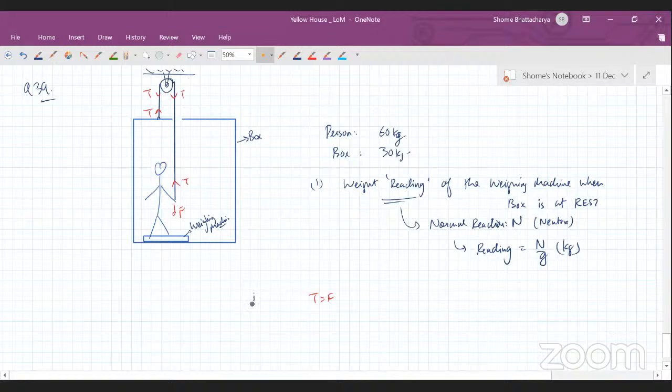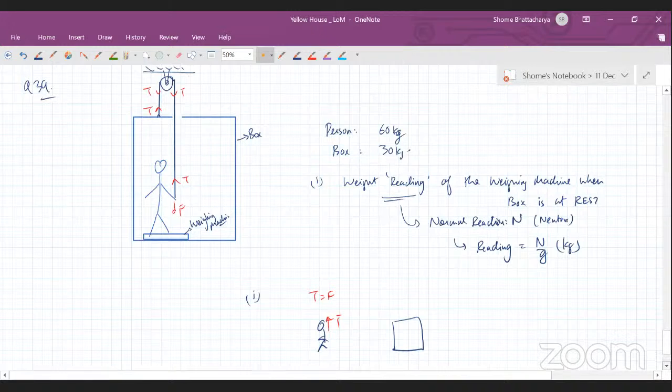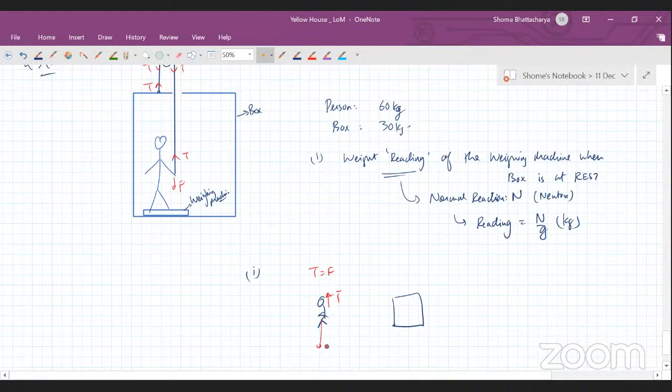For the first part, when you make the person's FBD and the box's FBD, what is happening? The person is being pulled up with a tension T. Gravity is pulling down with a weight of 60 g, and there is some normal reaction acting on his feet upwards, and the person is at rest in the ground frame, which is an inertial frame.